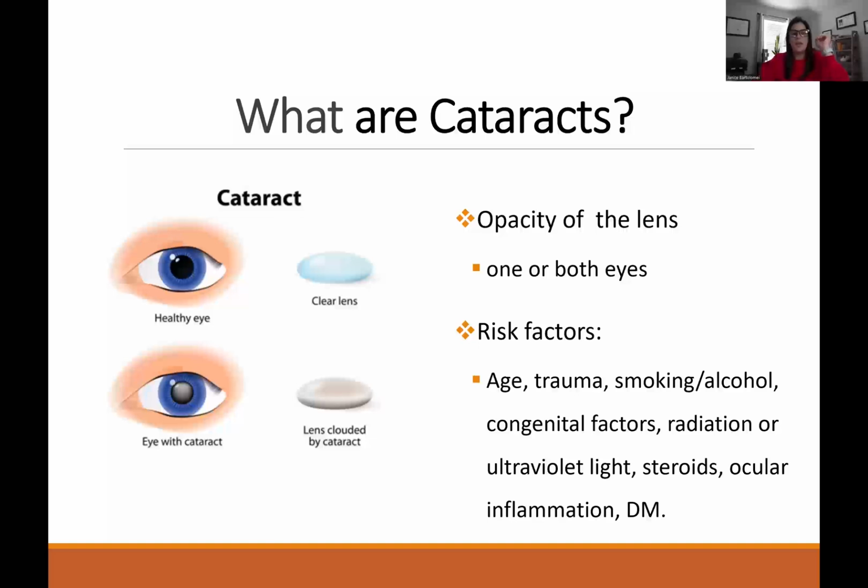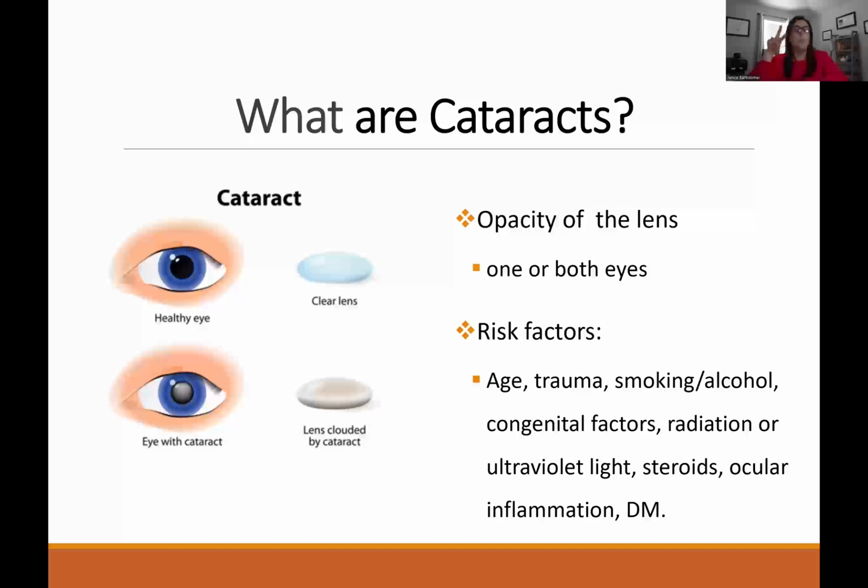Think about an older vehicle, where the front lights get a kind of shadowy, opaque look, almost whitish or yellowish. That's the closest thing I could think of to cataracts, but it happens in the lens of our eyes.